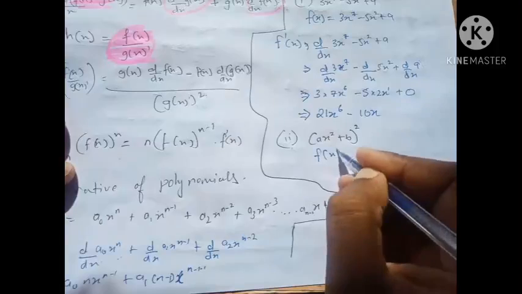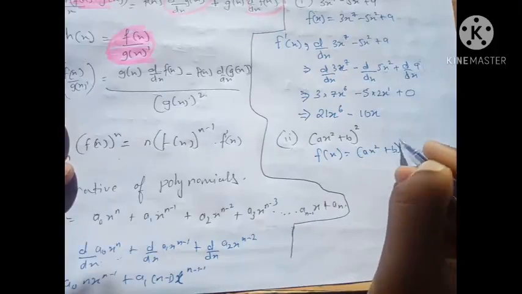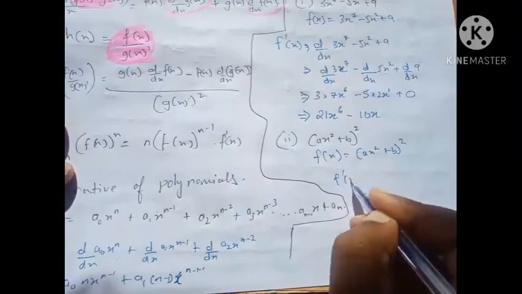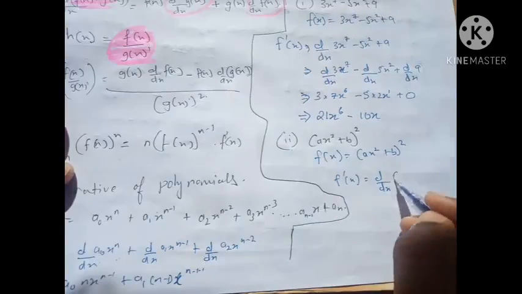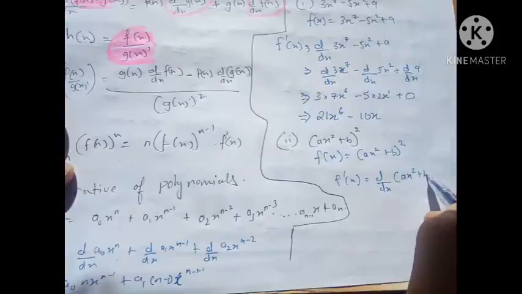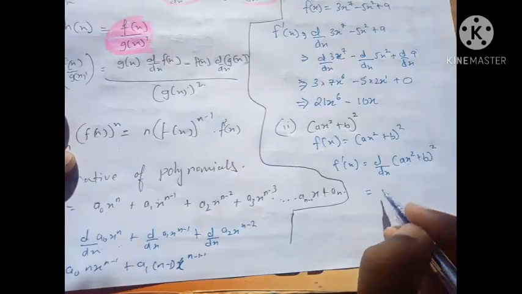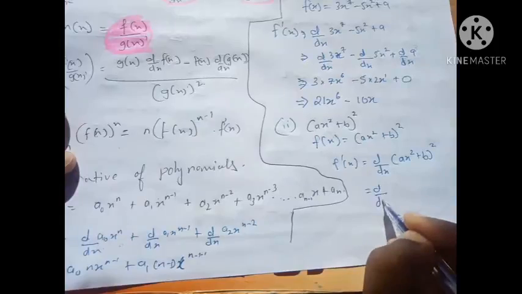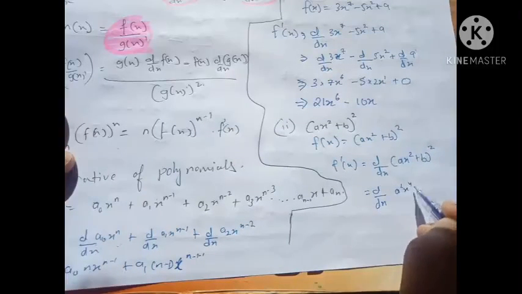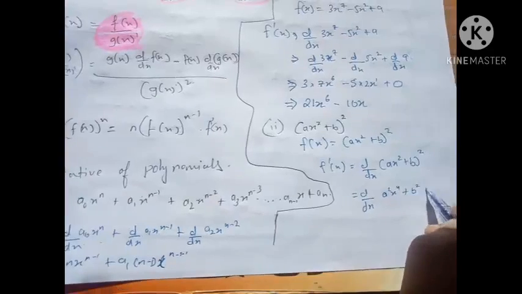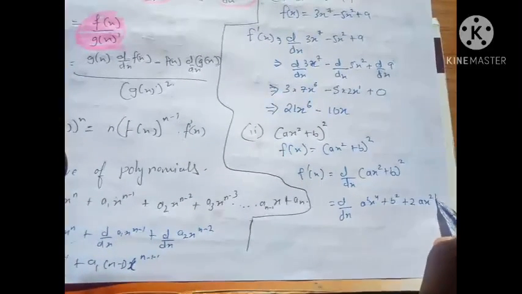This is a function, (ax square plus b) whole square, and I'll find the derivative. d by dx of (ax square plus b) whole square. I'm going to open the bracket and square to both of them. So it's going to be a square x to the power 4 plus b square plus 2ax square b.